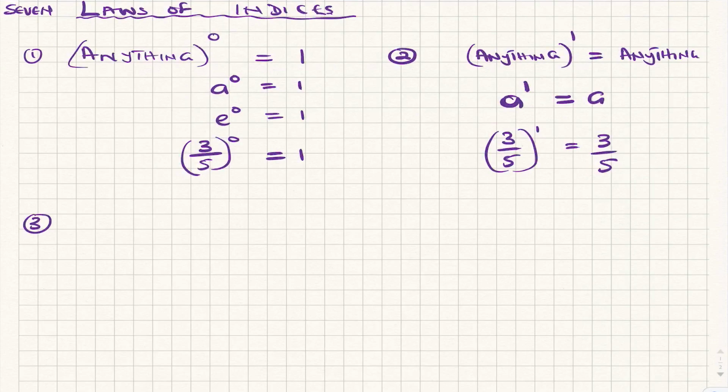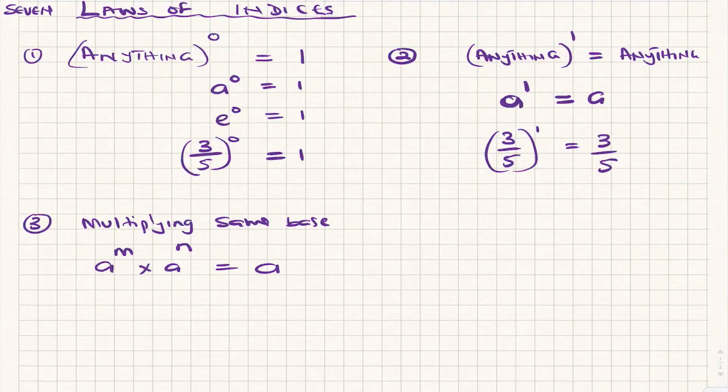Law number 3. Multiplying the same base. So a to the power of m times a to the power of n equals a to the power of m plus n.